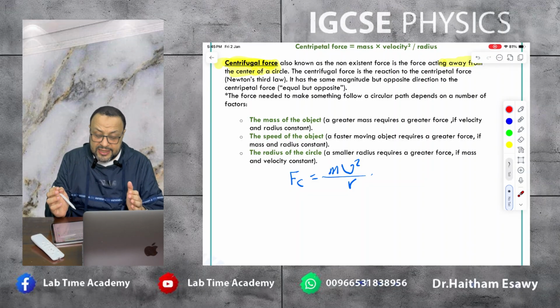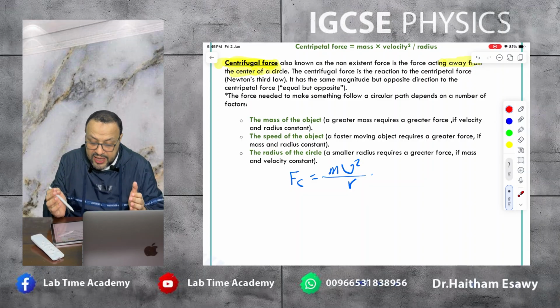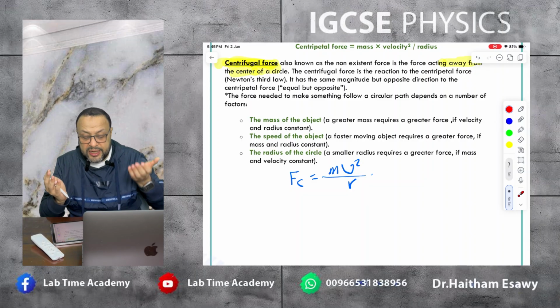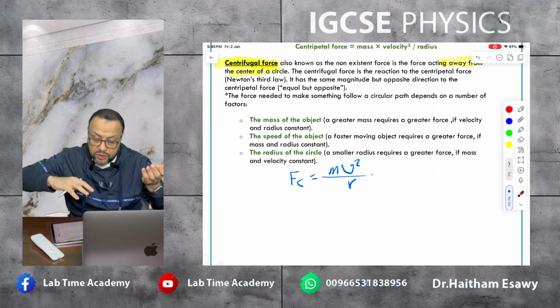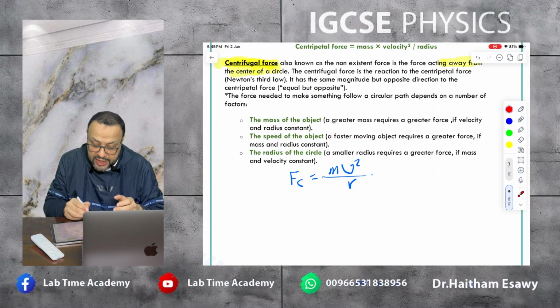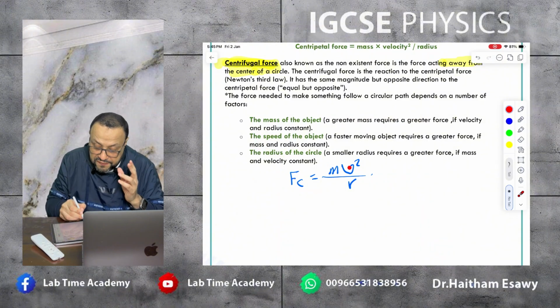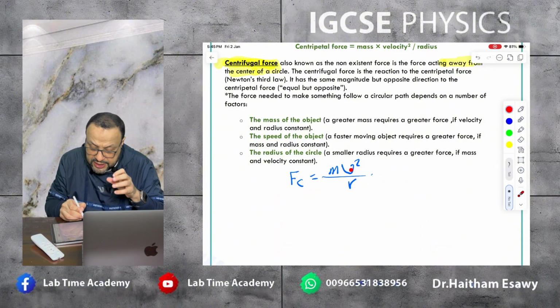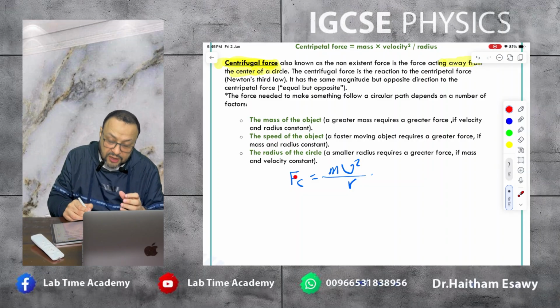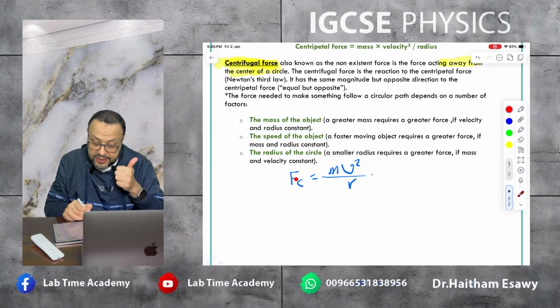By increasing the mass, the force will increase. Decreasing the mass, the force will decrease. So this is the relation between Fc and M, and take care, V and R in this case must be constant. So a greater mass requires a greater force. This is the first thing.